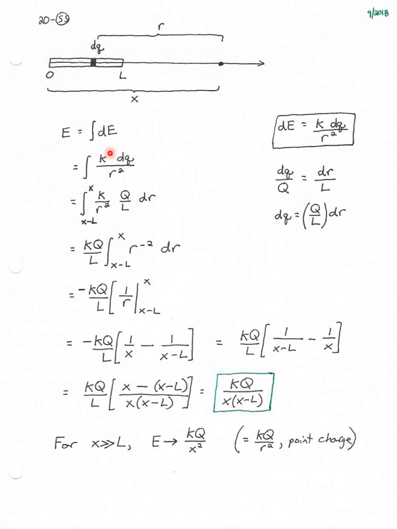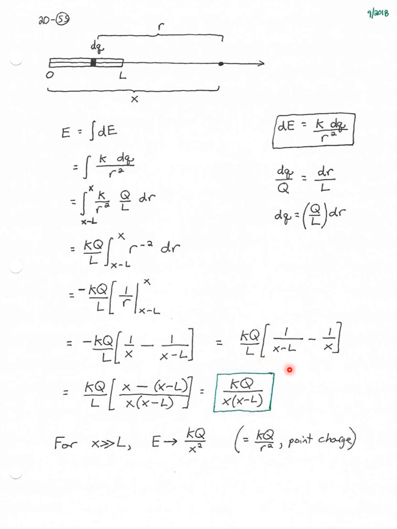All right, now we just do the integral. Take the things that are constant, factor them out to the left, so kq over L, and we're left integrating r to the negative 2 dr. That becomes negative 1 over r. I've thrown the negative sign to the left, and take that integration through, and here you can see I've plugged in 1 over x minus 1 over x minus L. I have now distributed the negative sign, which essentially reverses the order.